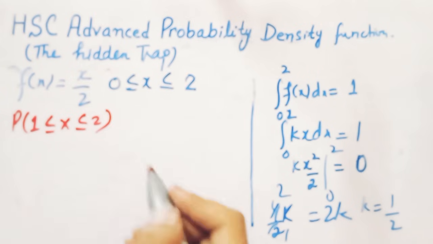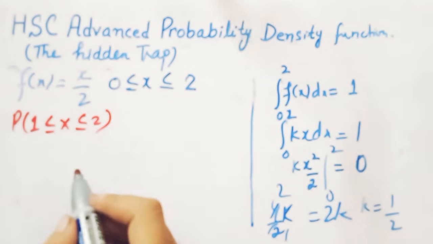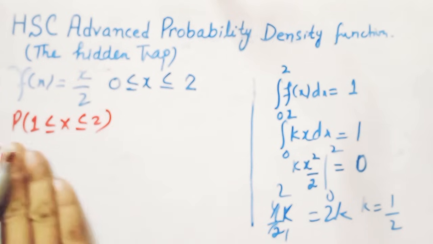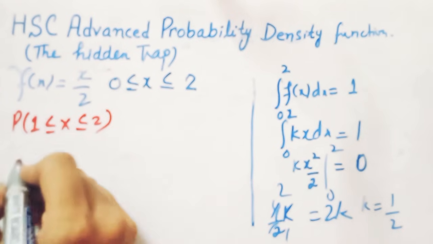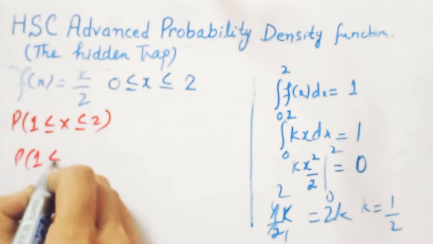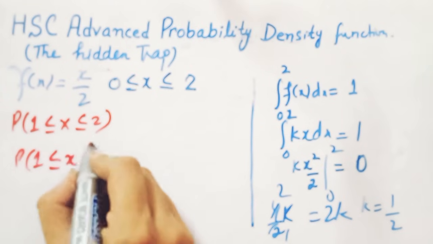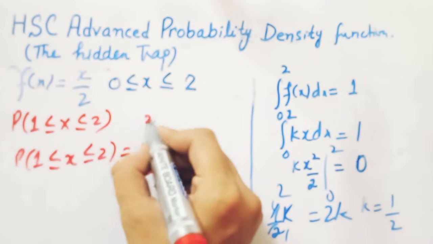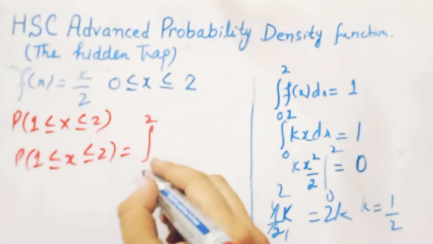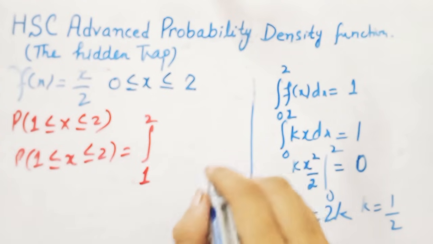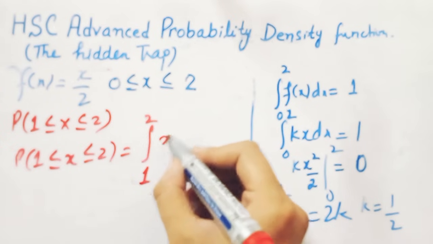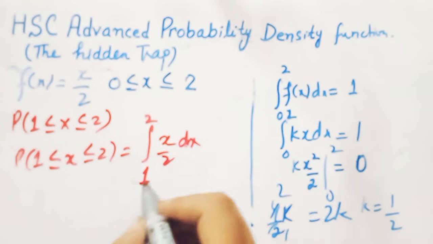So we will integrate this function from 1 to 2. So integrate from 1 to 2, and we get x by 2 dx.